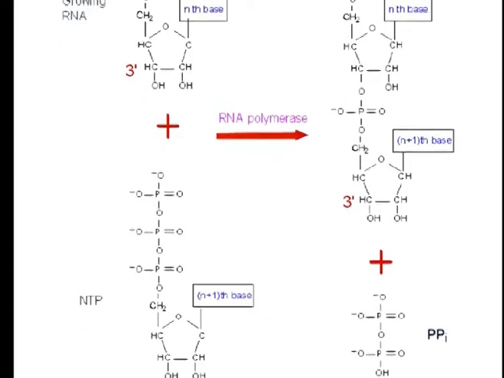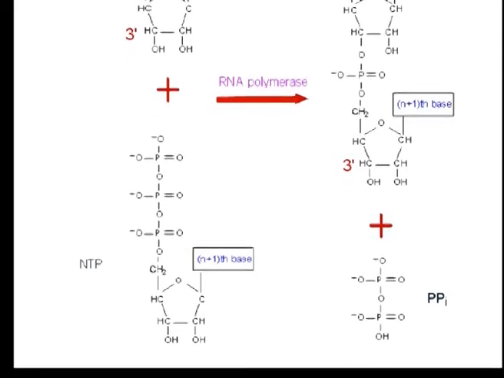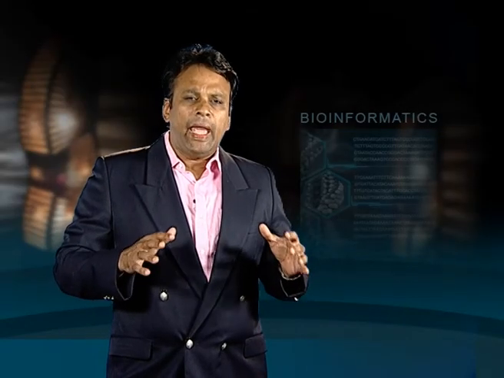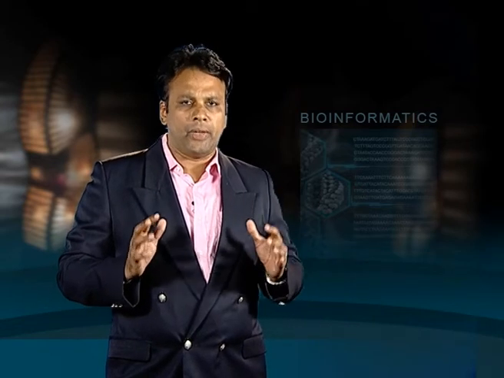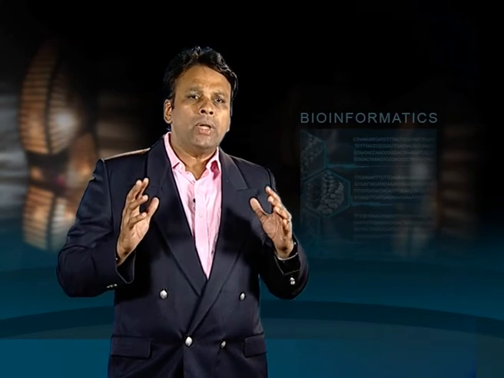This reaction is catalyzed by the enzyme RNA polymerase. The overall reaction is as follows. Here N is the number of moles of ribonucleoside triphosphates, RTP, consumed, ribonucleoside monophosphates, RMP, incorporated into RNA, and pyrophosphate produced.